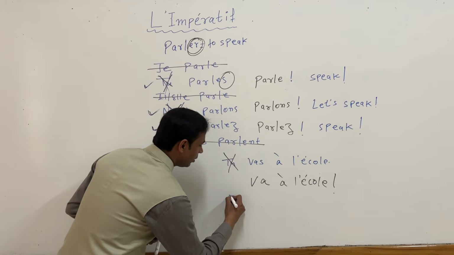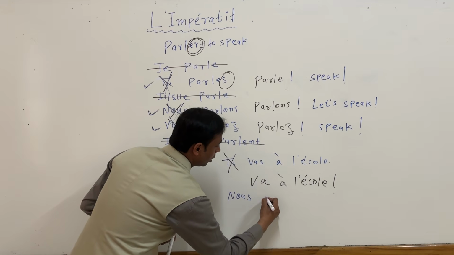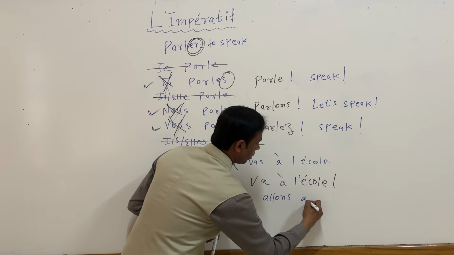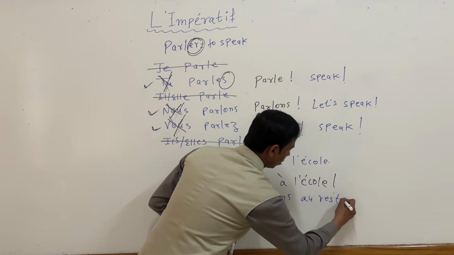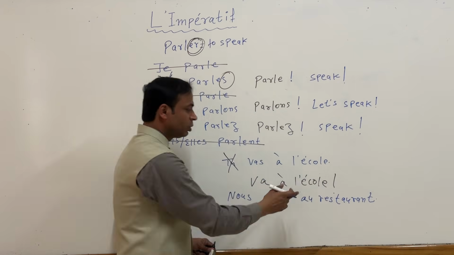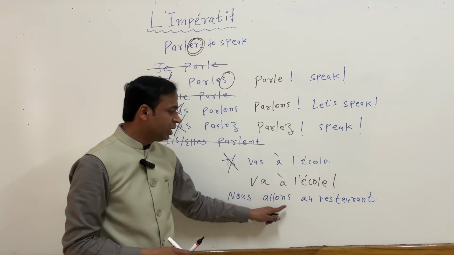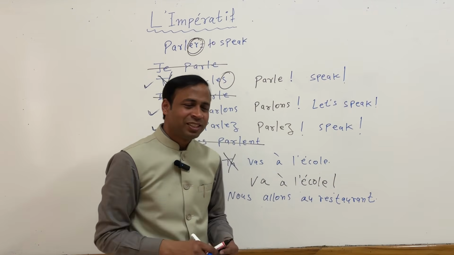Second example: "Nous allons au restaurant," which means we go to the restaurant, or we are going to the restaurant. Now how will you make imperative from this?